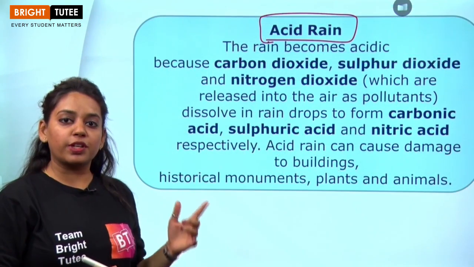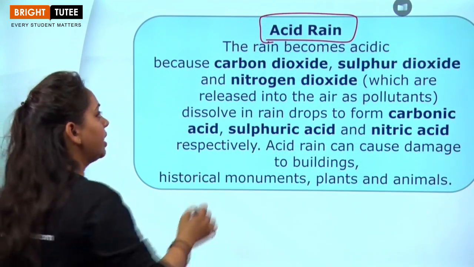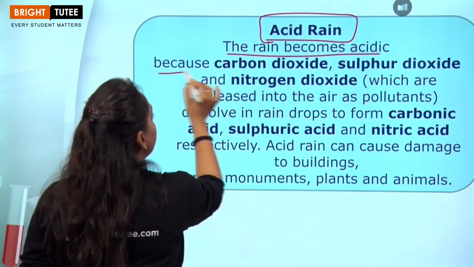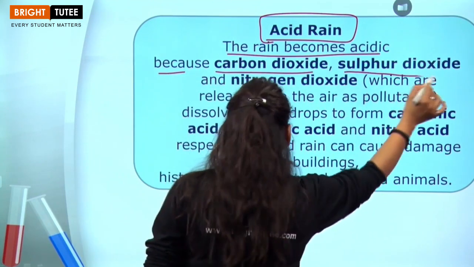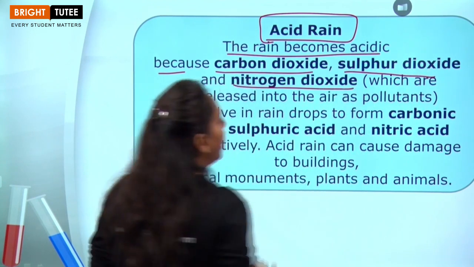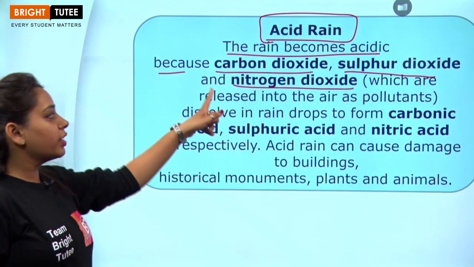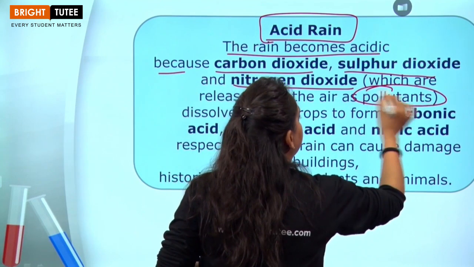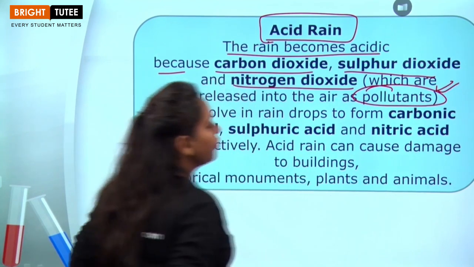Let us now move towards the definition of acid rain, the rain that has become acidic because of carbon dioxide, sulfur dioxide and nitrogen dioxide. And from where do we get these gases? These are air pollutants. We get them as pollutants from air.